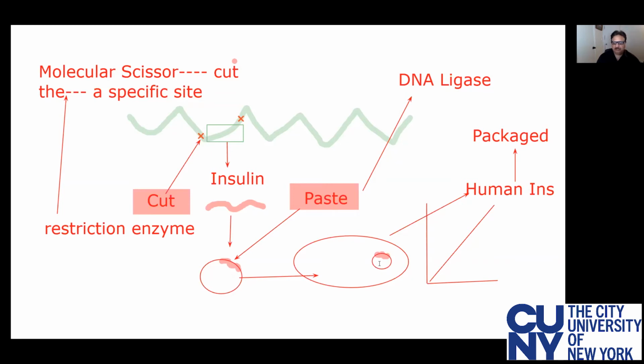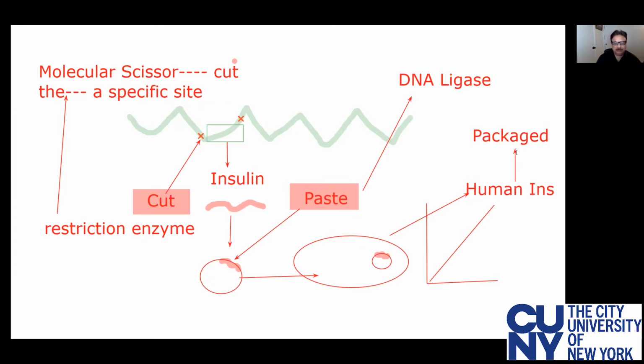This plasmid is inserted into a bacterial cell, and as bacterial cells divide, human insulin is produced that can be packaged and delivered to a clinic or pharmacy. So this is the basic process, this is doable. There are many companies which are thriving on producing not only insulin, but flu vaccines, many other vaccines, many other growth hormones through this strategy.